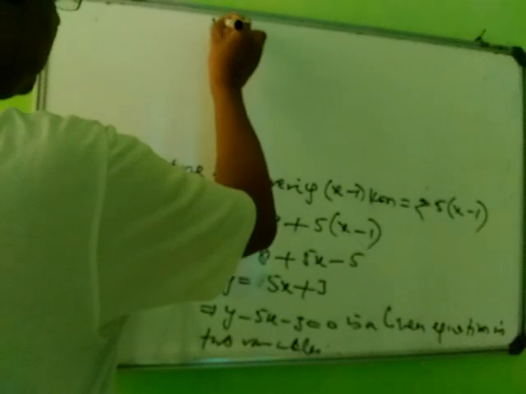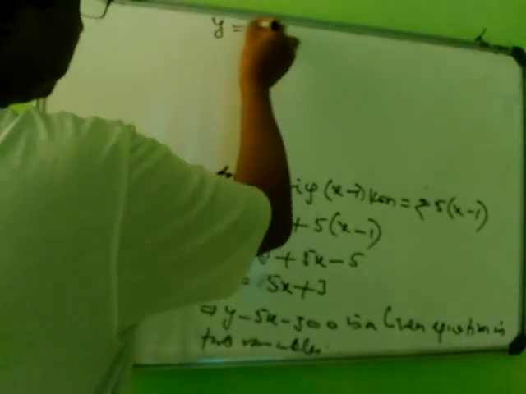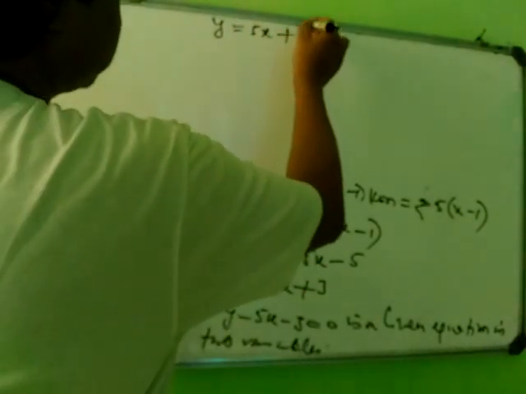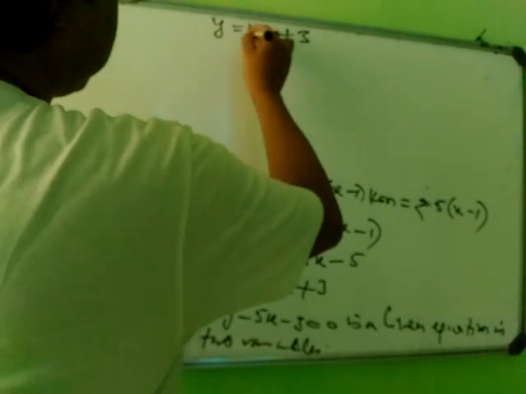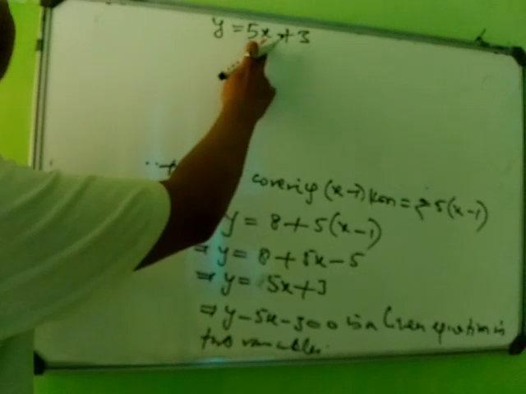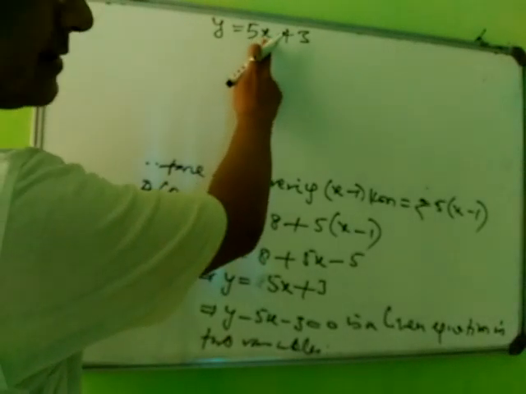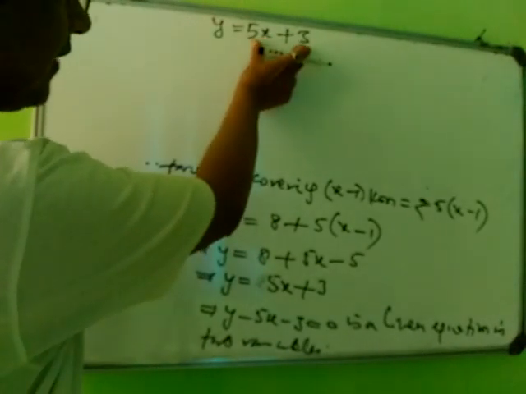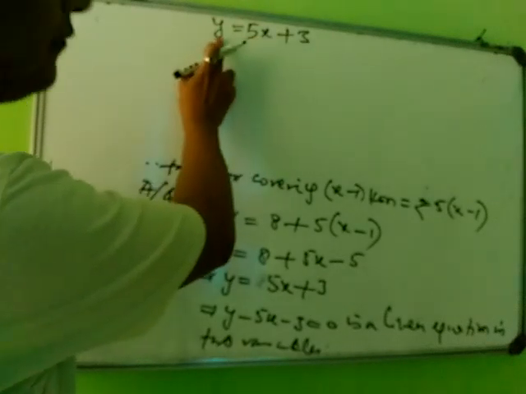So here y equals 5x plus 3. First you will take the value of x and then simplify, and you will get the corresponding value of y.